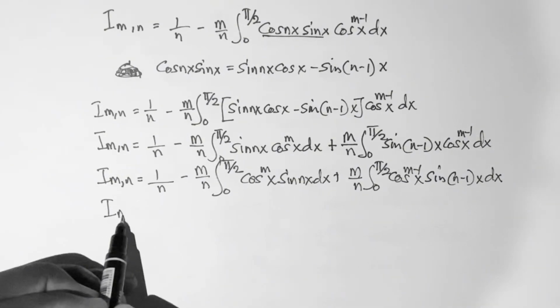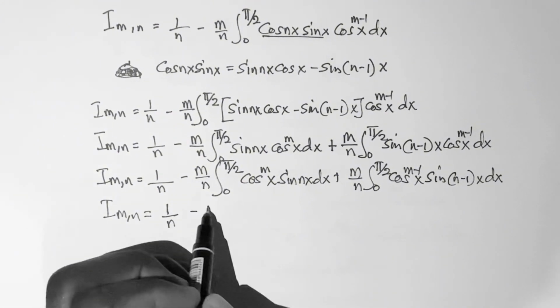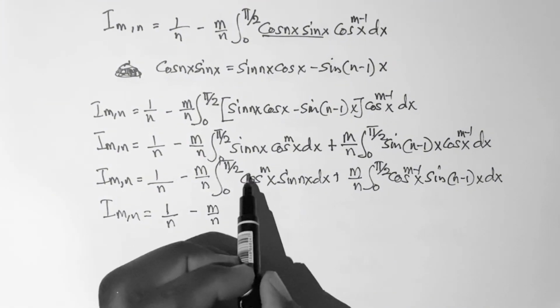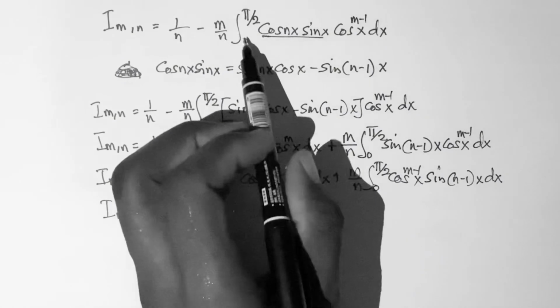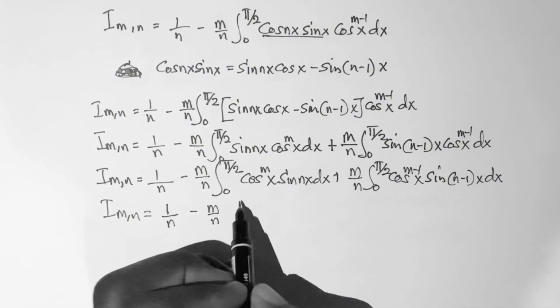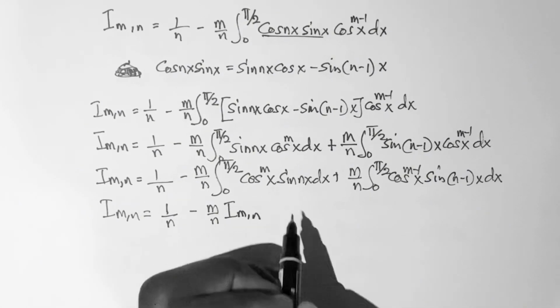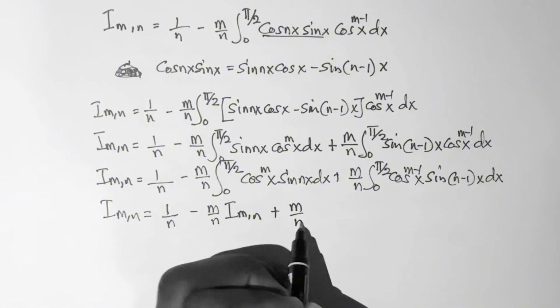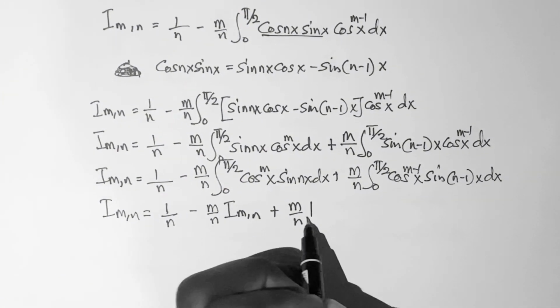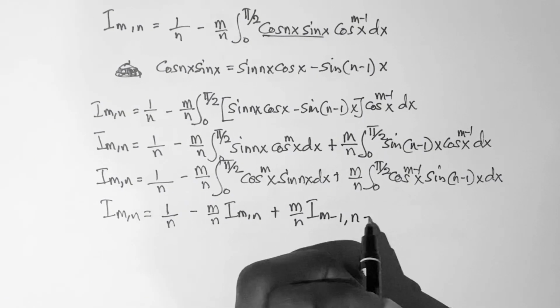So I of mn equals 1 over n minus m over n. So this is what we started with. You can see that this is I of mn. So all of this becomes I of mn, then plus m over n. All of this becomes I of m minus 1, then n minus 1.